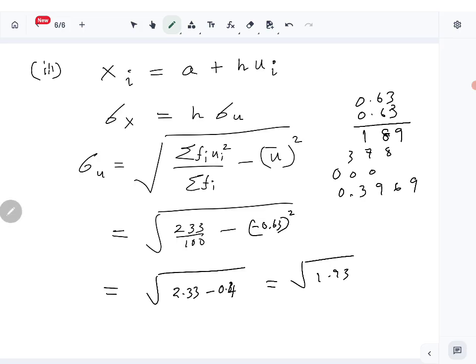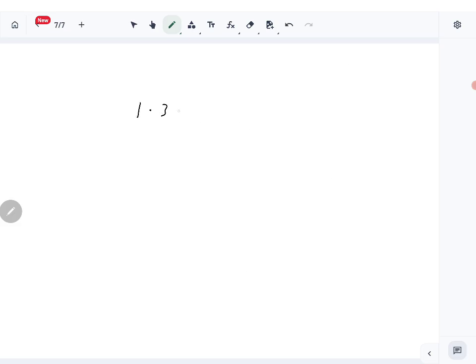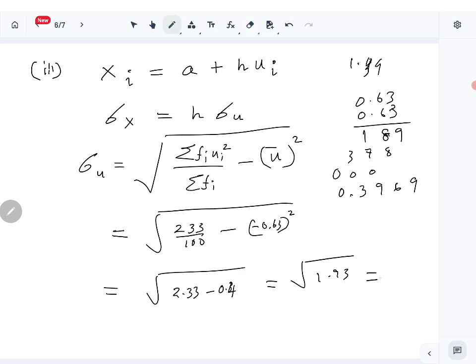Let's see, 1.4 squared is 1.96, since 14 squared is 196. So the square root of 1.93 should be close to this, about 1.39.